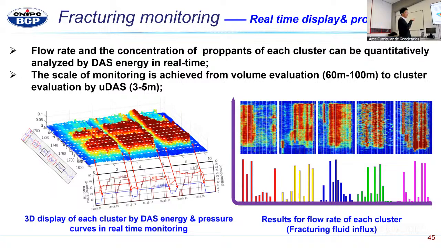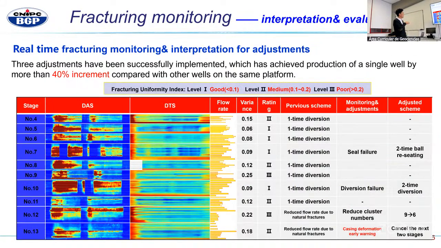But using that, you can see it's very tiny. You can use the dust monitor only within 3 to 5 meters, on this very small scale. And this is the result combining the dust and DTS results to evaluate the fracture results.